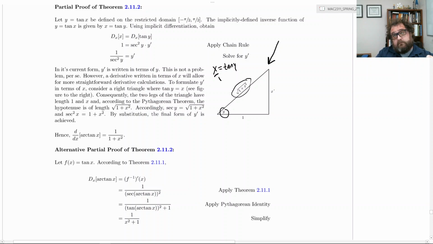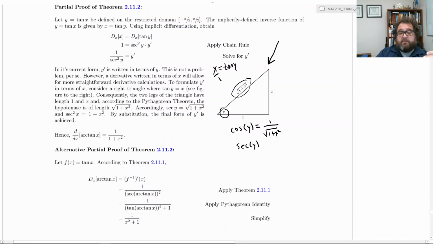Secant is what? It's 1 over cosine. So what's cosine? Cosine is adjacent over hypotenuse. So cosine of y equals adjacent 1 over root 1 plus x squared. So what's secant going to be?